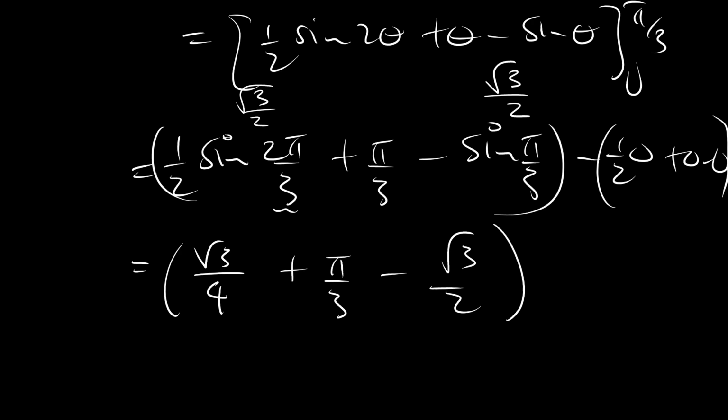Okay, which is equal to pi over 3. And so with a common denominator, this becomes minus root 3 over 4.